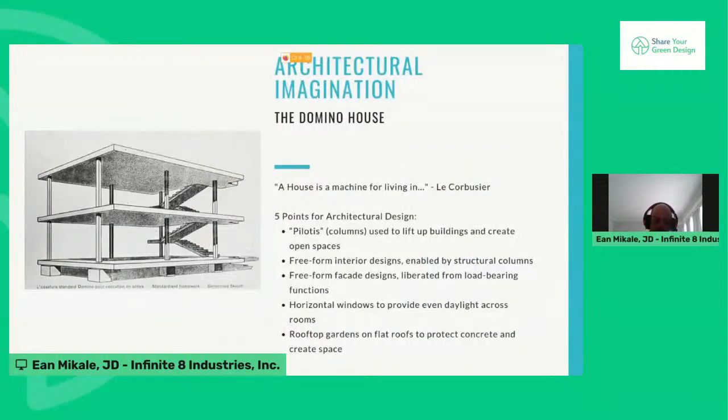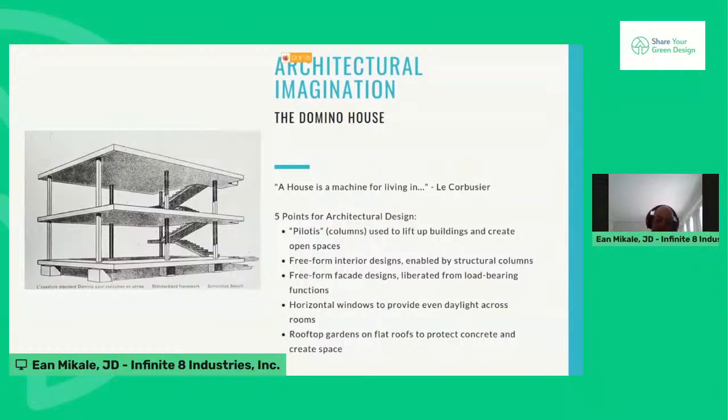And so as far as architectural imagination, the Domino House in architecture and design really was a huge turning point for the industry to break away from prior legacy paradigms regarding construction, right? Particularly of residences.